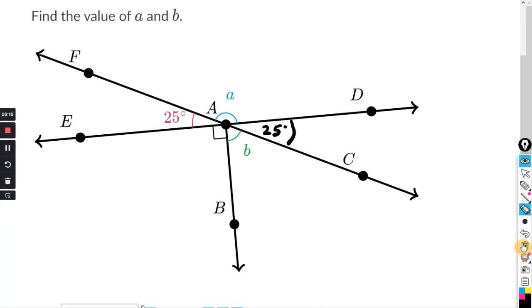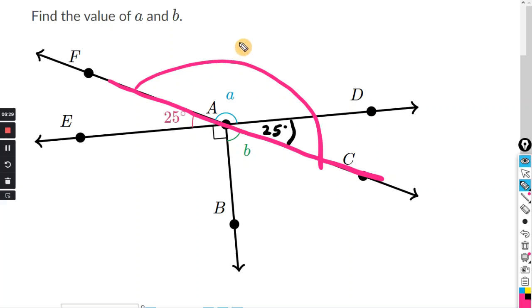Okay, and then let's see here. We have a straight line right here. So the angular measurement of a straight angle is 180 degrees. This one here is already 25.